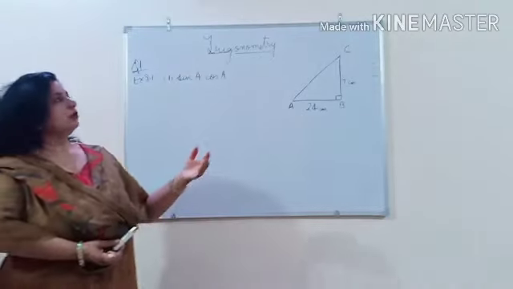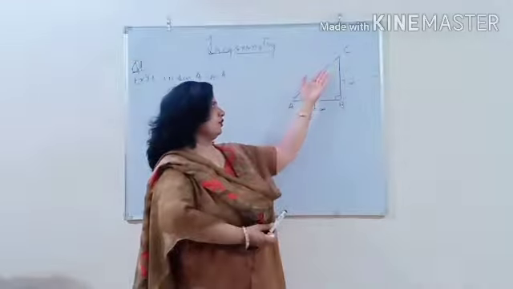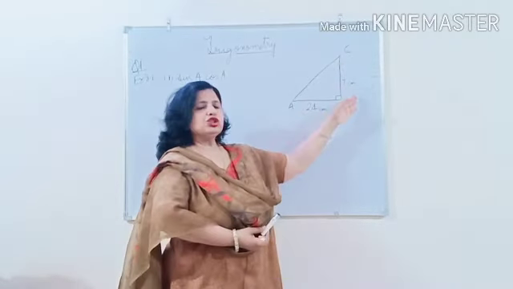Now, this is a right angle triangle. We are given the altitude and the base.